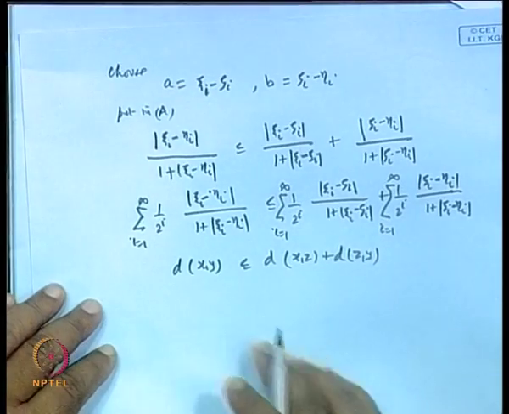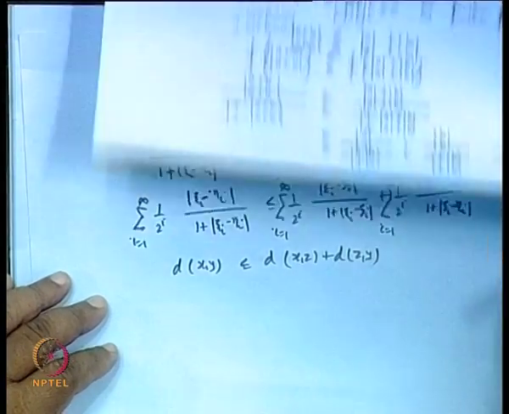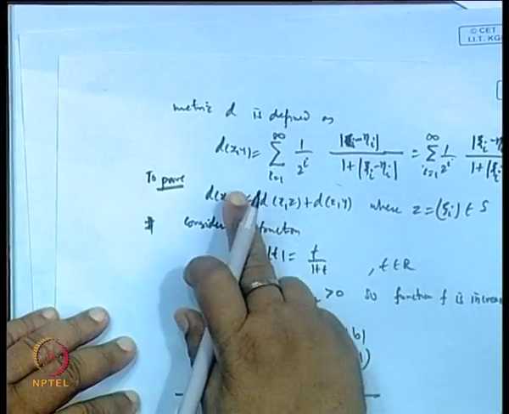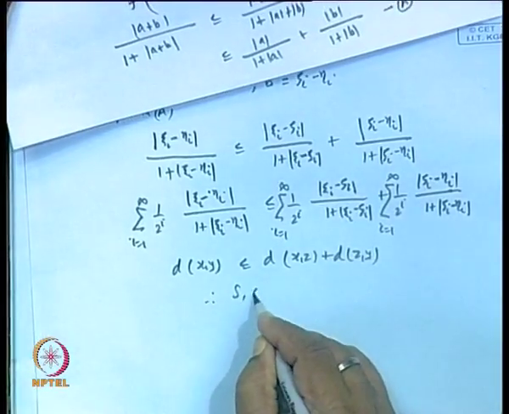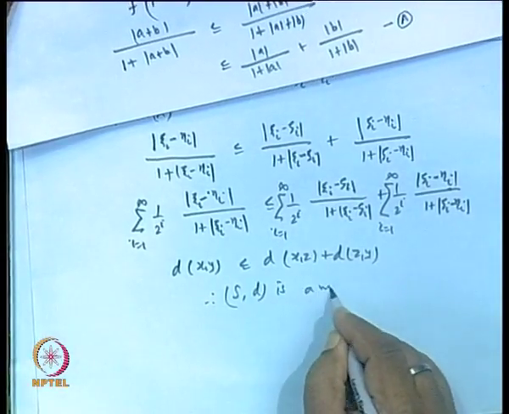So, this shows the triangular inequality is also satisfied by this function. Therefore, S with this d is a metric space.